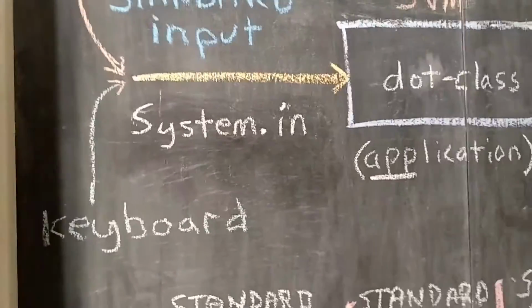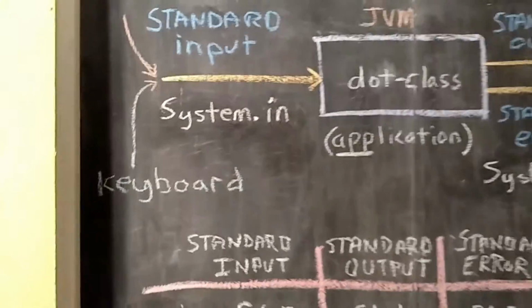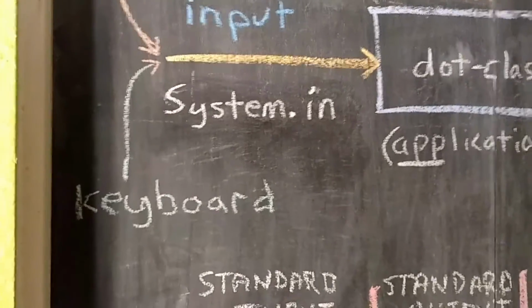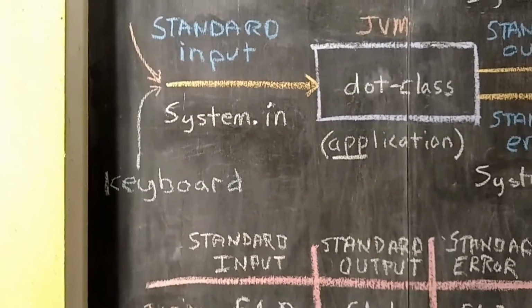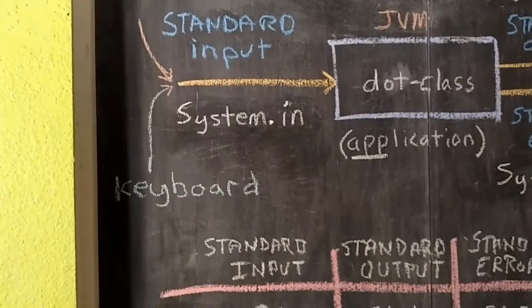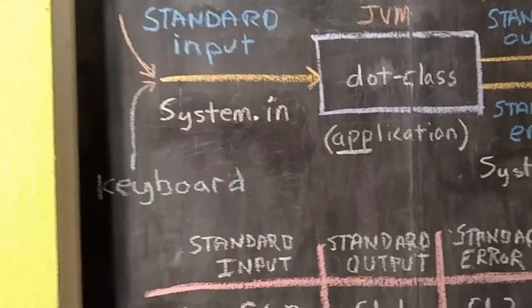The object in is of type InputStream and it's an instance variable inside of the System class. So when we want to get input into our application via the standard input stream, we can use the in object to get the input.